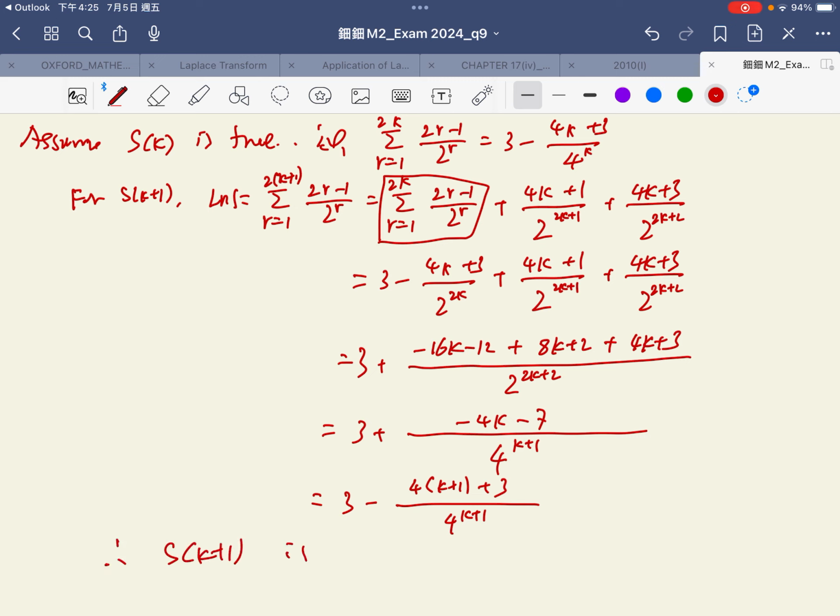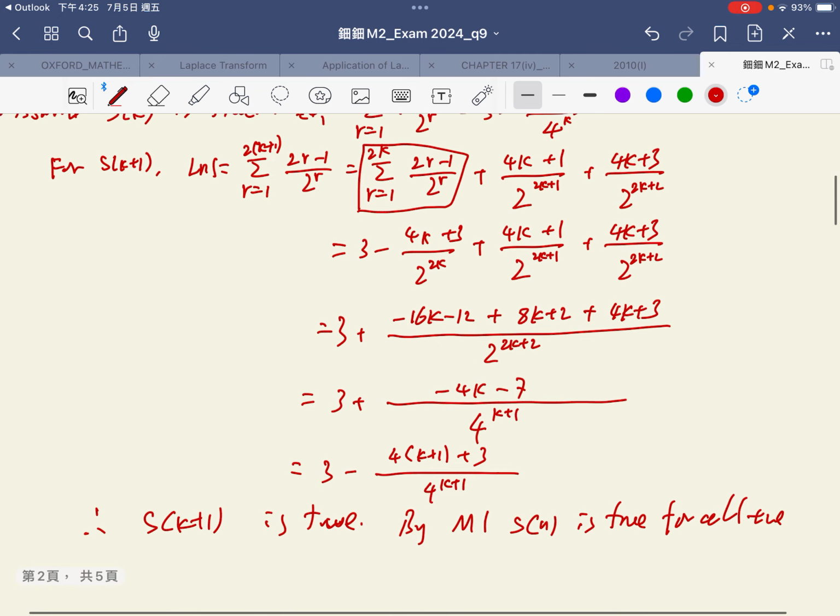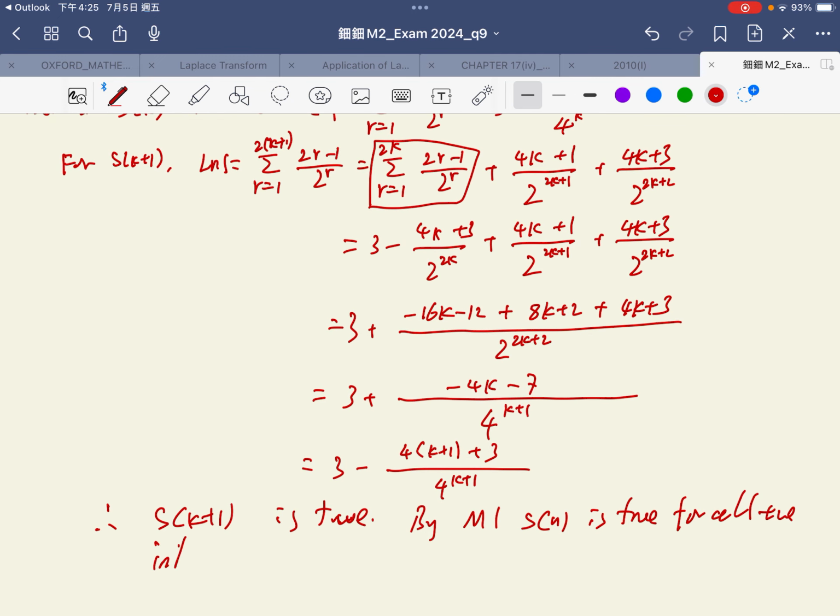Therefore, Sk plus 1 is true. By the principle of mathematical induction, Sn is true for all positive integers n.